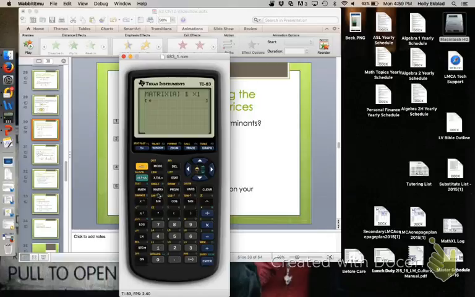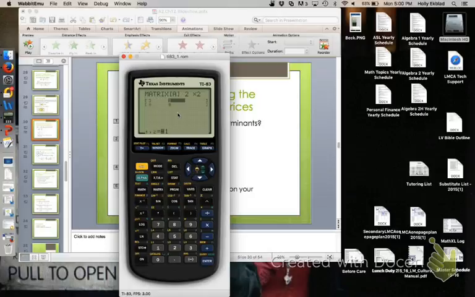Here we go. Finding the determinant of a 2 by 2 matrix. So first put in your dimensions. So this is a 2 by 2. And when you go down here to edit them, it makes it automatically for you. So we're going to put in 3, -1.